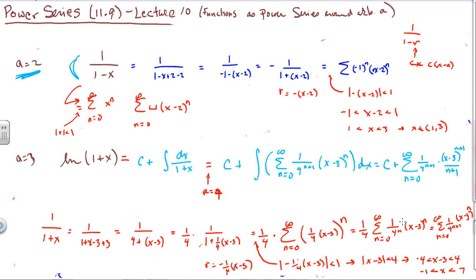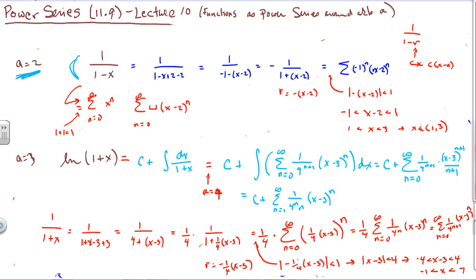And there we have it. We can rewrite that as c plus the sum n equals 1 to infinity of 1 over 4 to the n times n, times (x minus 3) to the n.